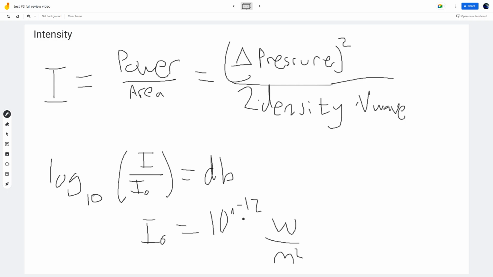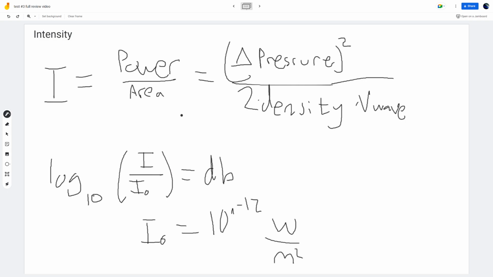So basically, to calculate this, you do log base 10 of the intensity that you're trying to convert over the I0, which is the lowest threshold. It's something like the lowest threshold for intensity existing or something, but it's 10 to the negative 12 watts per meter squared. So you're going to plop that on the bottom. And then you're going to get a number of decibels.